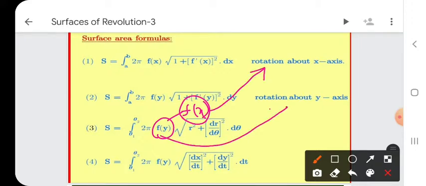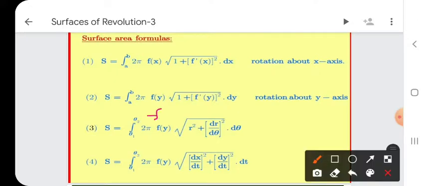And f of y, if the curve revolves about the y-axis. This is the difference. In polar form also we have two formulas, f of x and f of y, based on the axis.